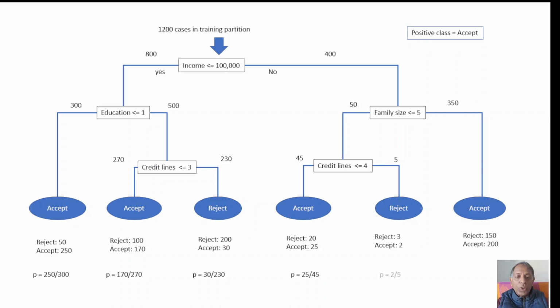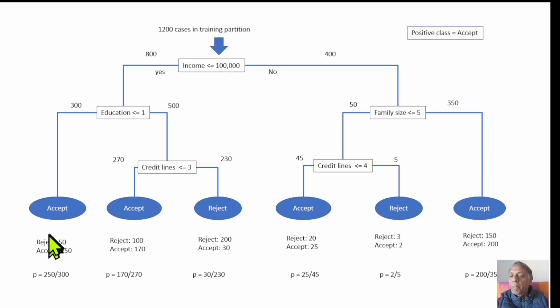Okay, so instead of just saying somebody will buy or not buy, we can say that if somebody arrives at this, falls into this bucket, we can say that the probability of them being given a loan should be 250 over 300, okay, which is 5 over 6, right?